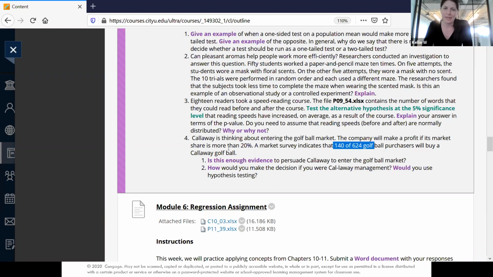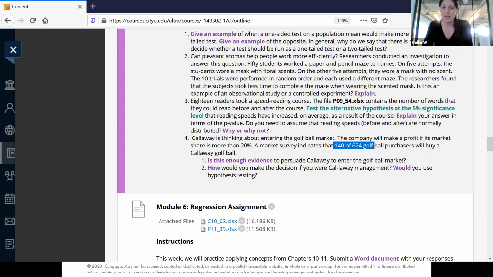Just to be extra clear, when we talk about business applications for these types of tests that we've performed over the last couple of weeks, with hypothesis testing, generally we don't set out to create an experiment like this.